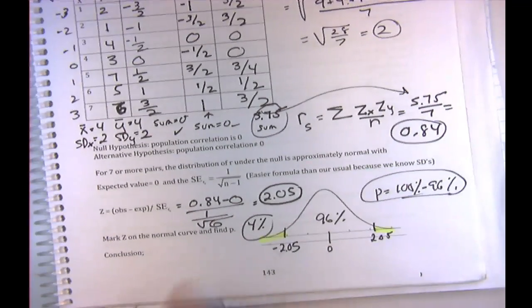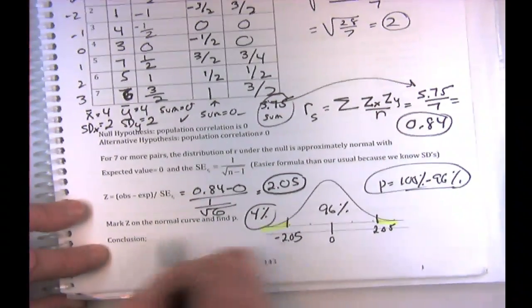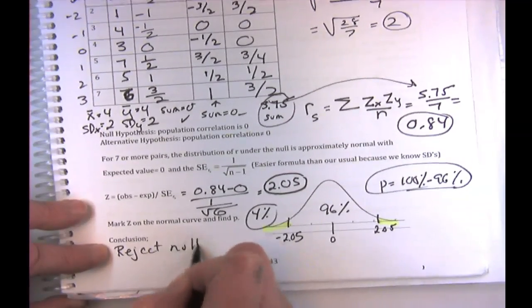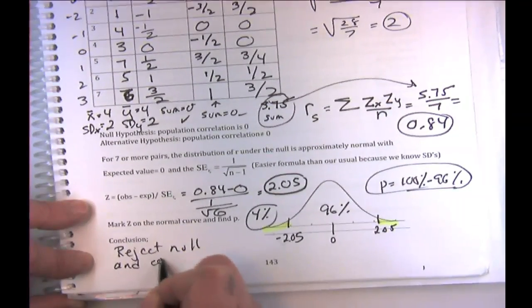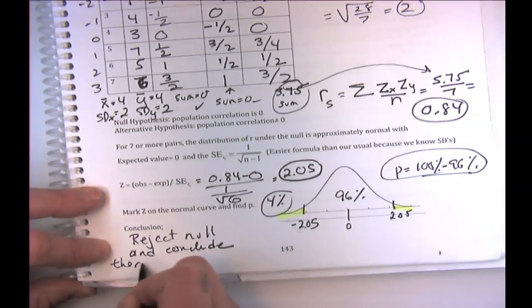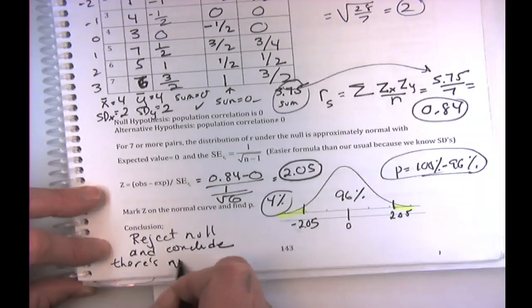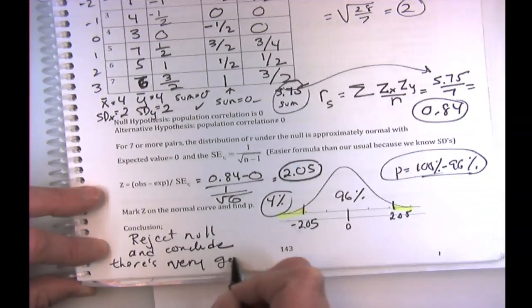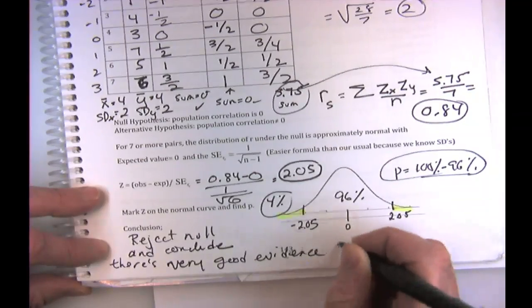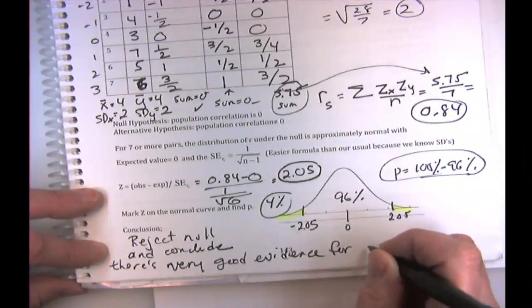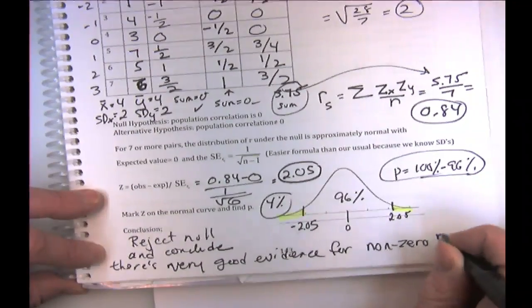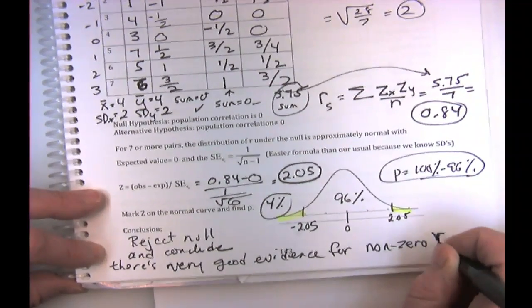So the conclusion is what? At the 5% level, we reject the null and conclude there's very good evidence, we're not sure, but very good evidence for a non-zero R in the population.